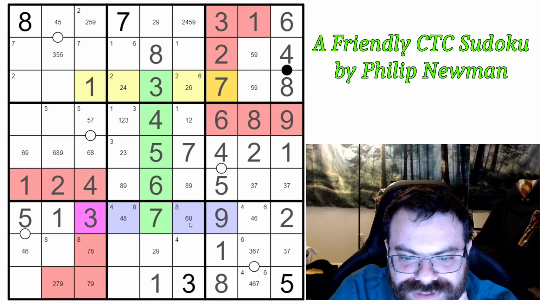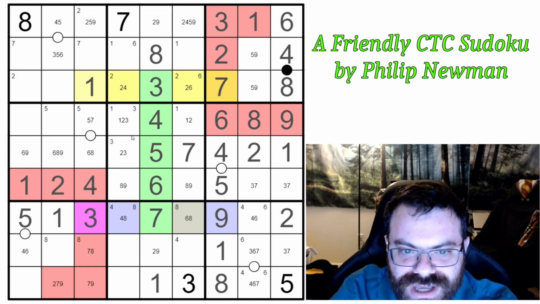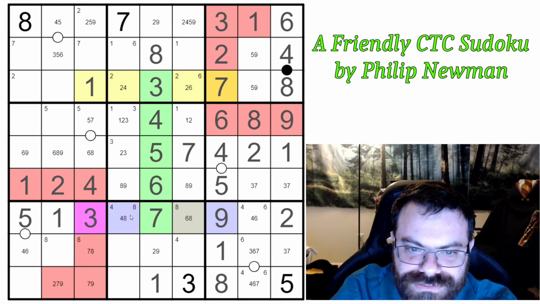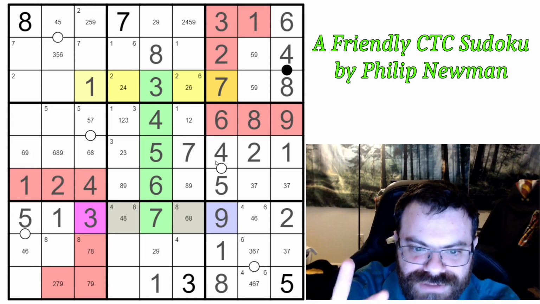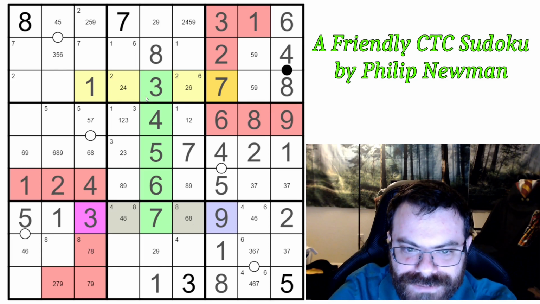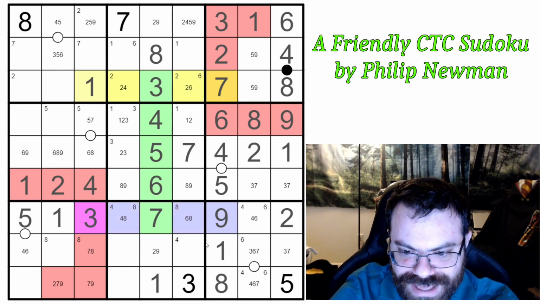Just to go over that again, in case you're confused, there's only 2 possible ways these 4 cells unwind. It's either 6, 2, 4, 8, or it's 8, 4, 2, 6. And so one of those binary flips is going to happen. But either way, there's going to be a 6 in this column like that, 4 in this column like that, and 8 in this column like that, or a 2 in this column like that.